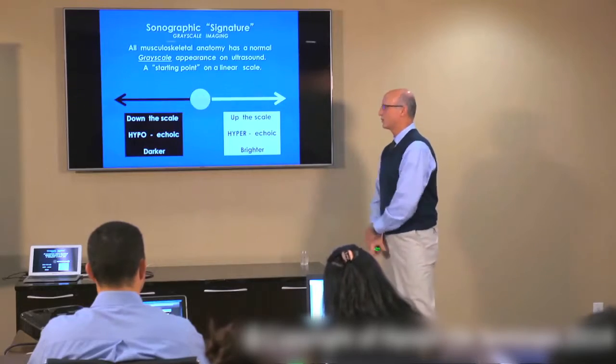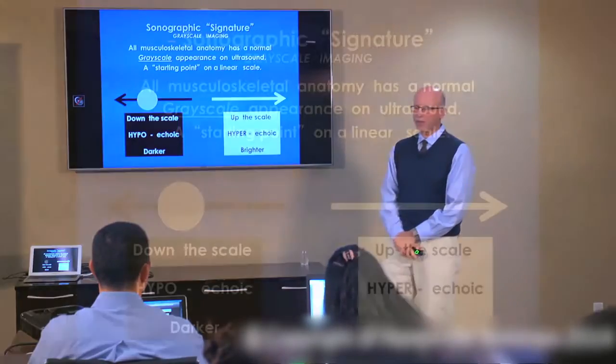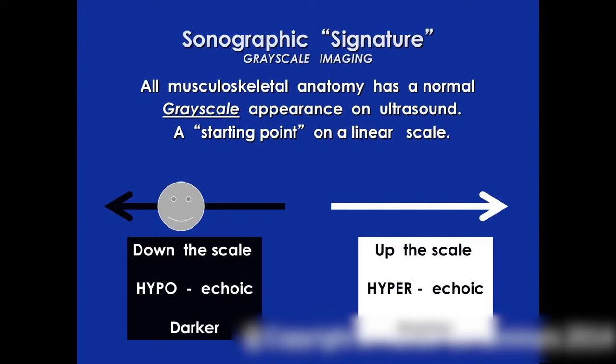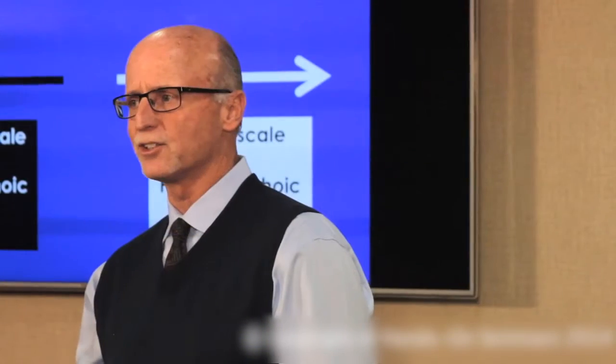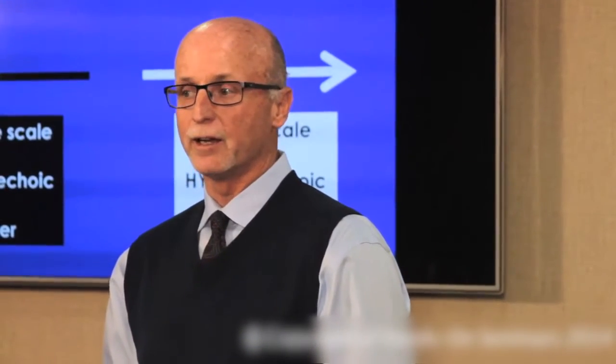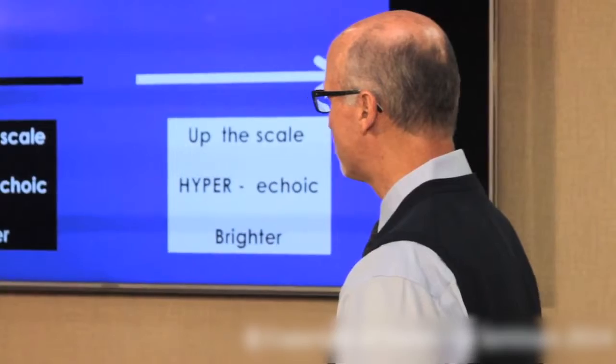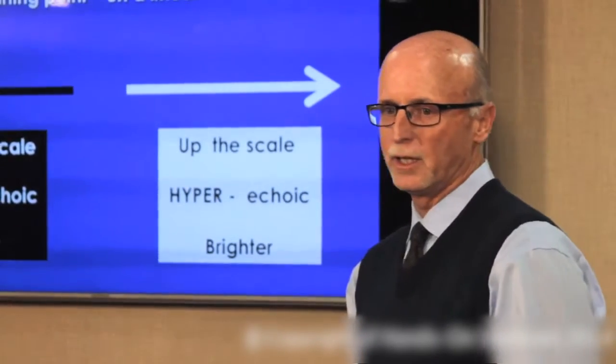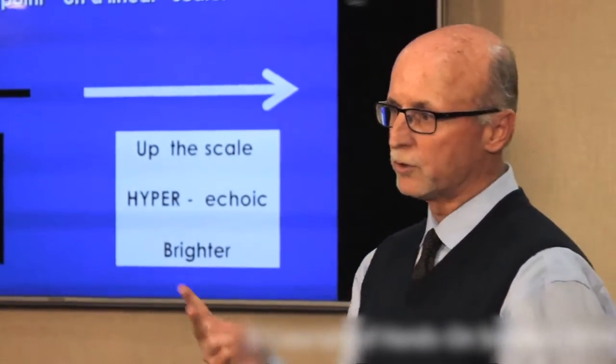If it goes down the scale, and that anatomy is being displayed as something that is too dark or hypoechoic, sending back weaker echoes than it should, it means it's softer, it's less dense than we would anticipate, again, if it was normal. And if it's a hypoechoic structure when it shouldn't be a hypoechoic structure, one of two things is happening.